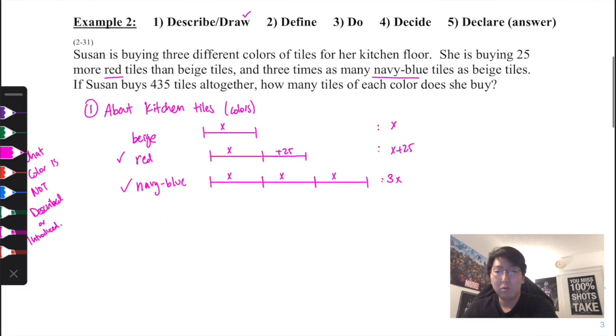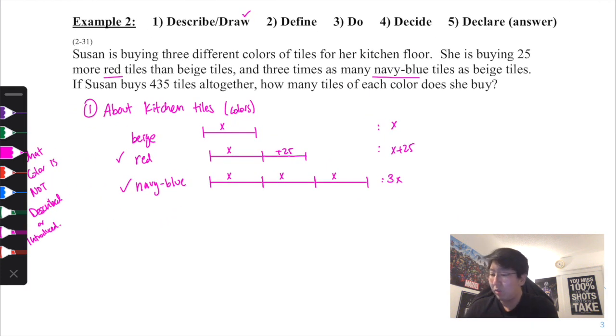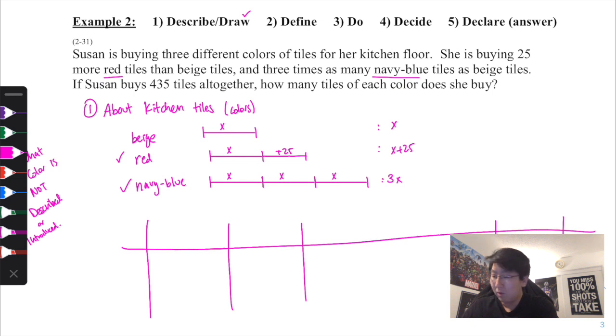we can sit here and do the guess. So I'm going to draw a little table. This is going to be beige, red. Nope, I need a little bit more. Here, let me teach you how to draw this table.